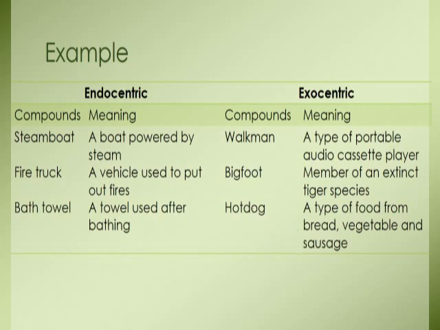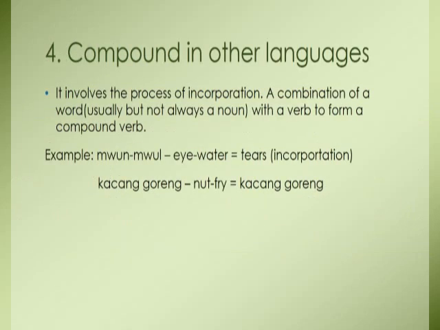And we have examples from other languages. The compound in other languages, actually this is for your information only, involves the process of incorporation, or a combination of words. It is usually, but not always, a noun with a verb to form a compound verb. In Korean, mwun-mwul is taken from eye and water, and it becomes tear.